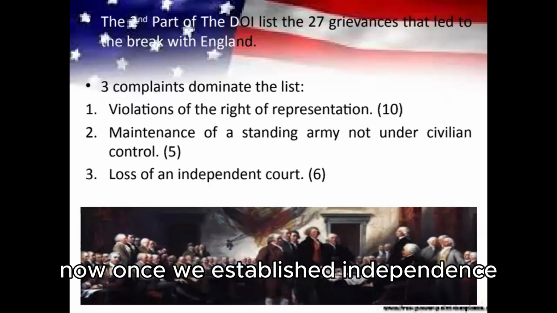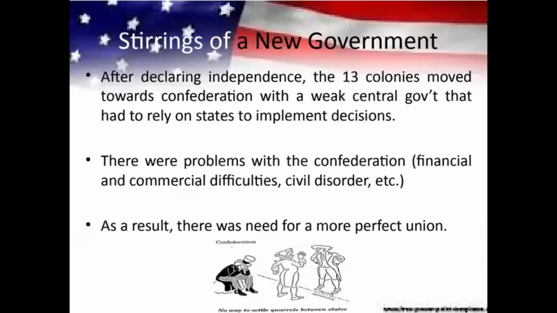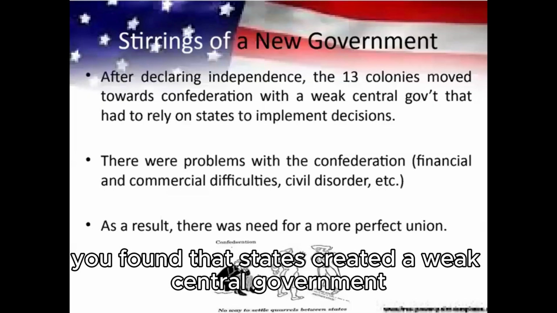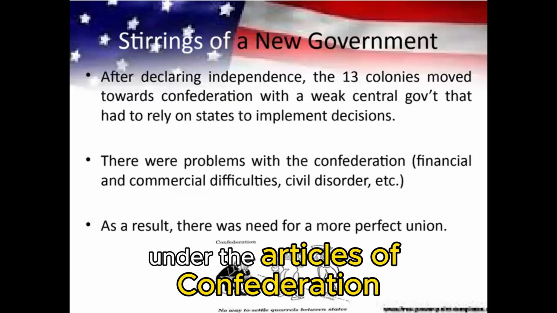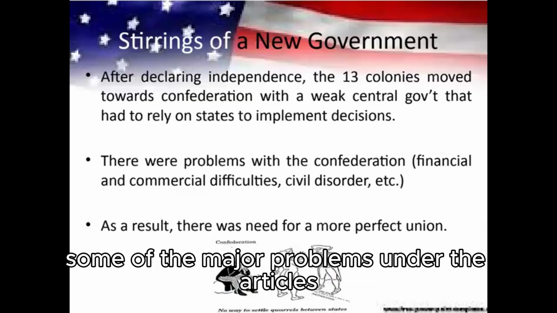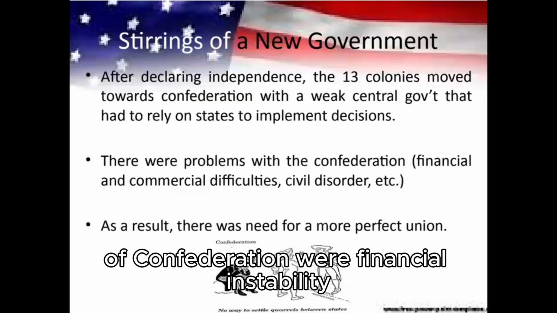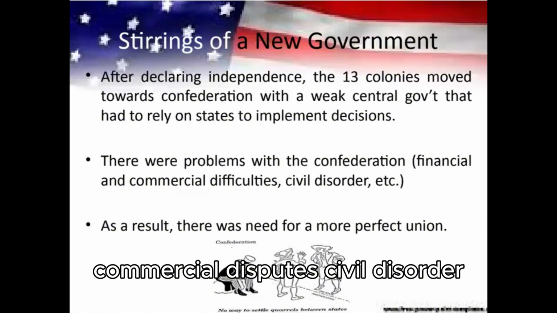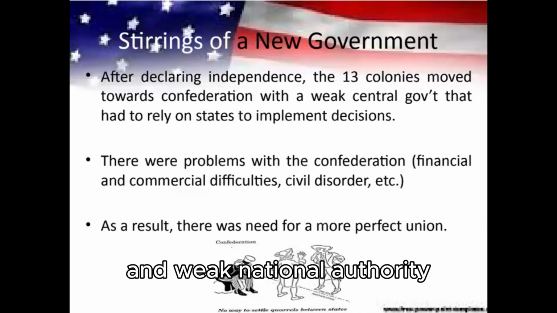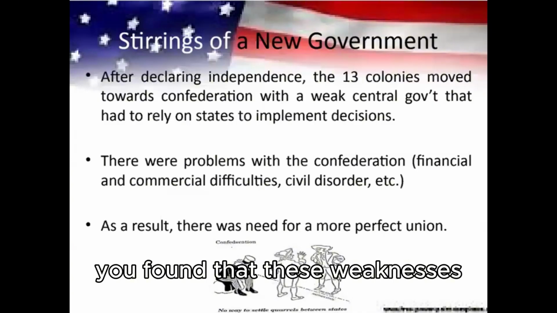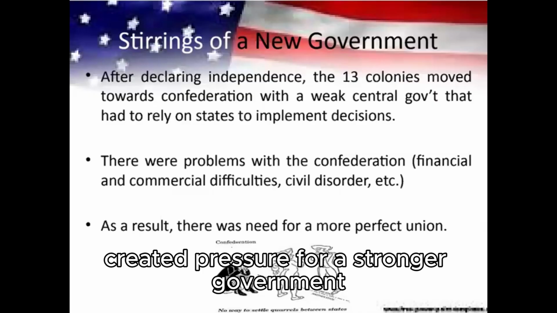Once independence was established, states created a weak central government under the Articles of Confederation. Some of the major problems under the Articles of Confederation were financial instability, commercial disputes, civil disorder, and weak national authority. These weaknesses created pressure for a stronger government.